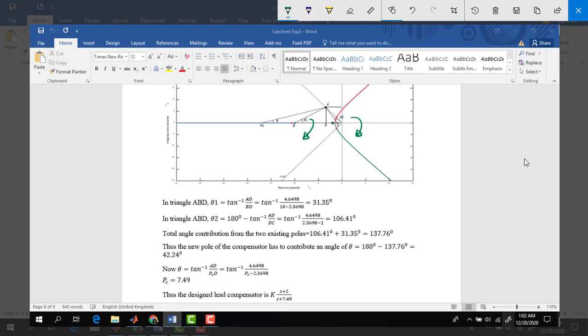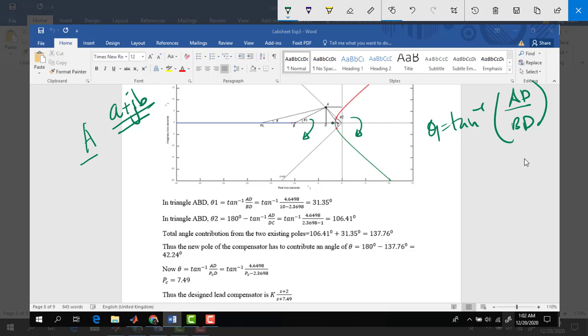Theta 1 is tan inverse of this value by this value, AD by BD. You already know AD because A is our new pole, right? A is our new pole. So we already know the pole location A plus jB. So we already know the pole location. So if it is A plus jB, then this is A and this is B.